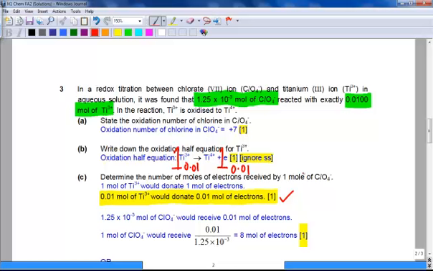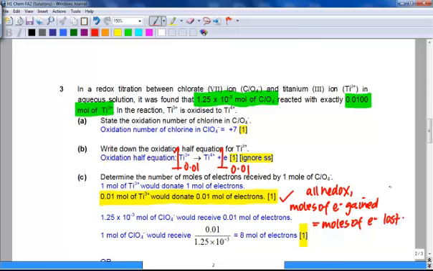Next, we know that for all redox, just a recap, moles of electrons gained is equal to moles of electrons lost. So in this case, Ti3+ lost this amount of electrons, or you can say donated this amount of electrons. So ClO4- must be the receiving party.